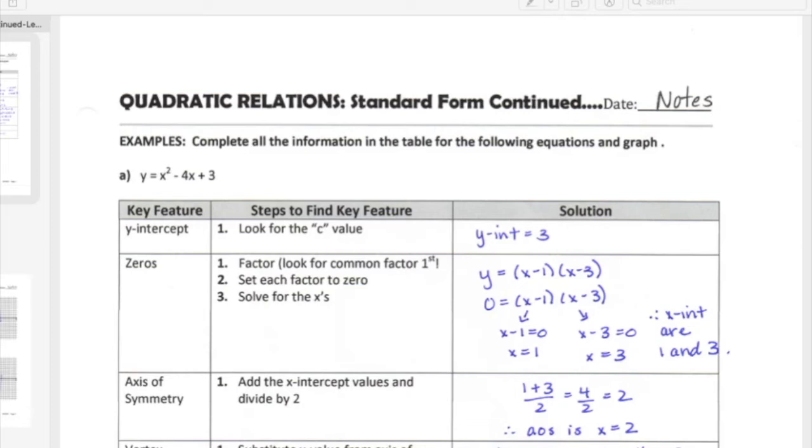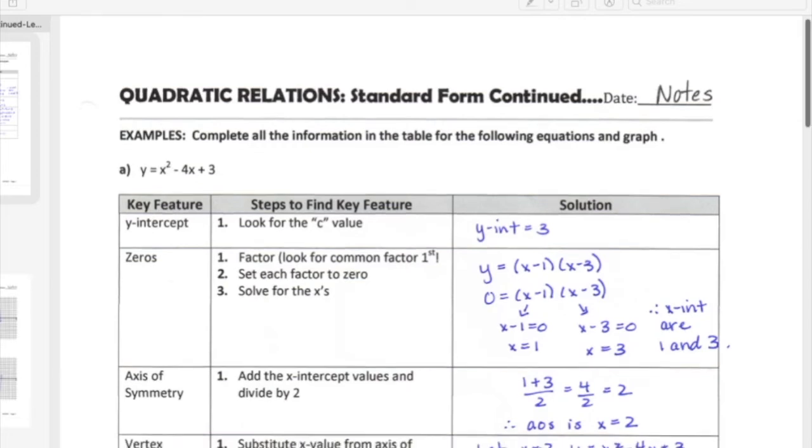Now to find where this parabola crosses the x-axis, we have to find our zeros, which is what we just did previously. So in order to do that, we have to factor. So in the case of this equation, we have, again, y equals x squared minus 4x plus 3. So I need two numbers that will multiply to give me positive 3 and add to give me negative 4.